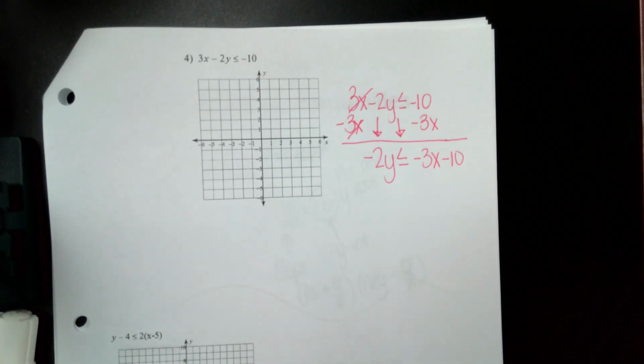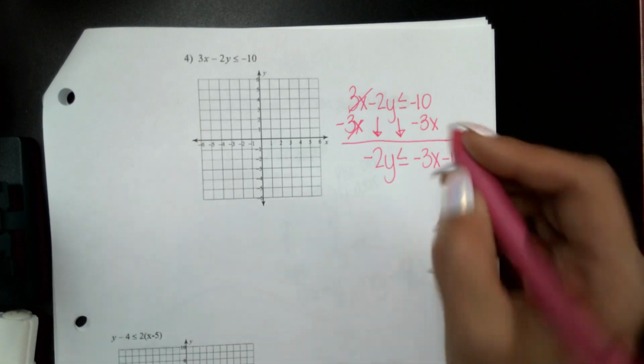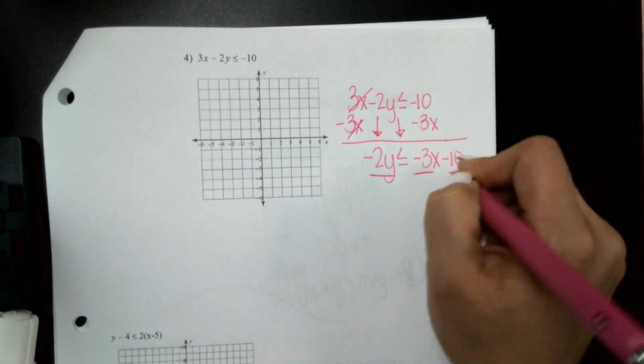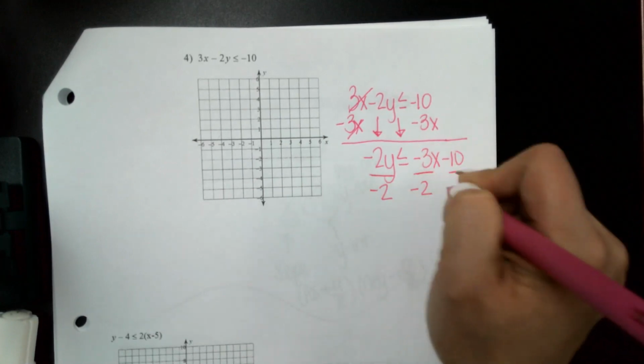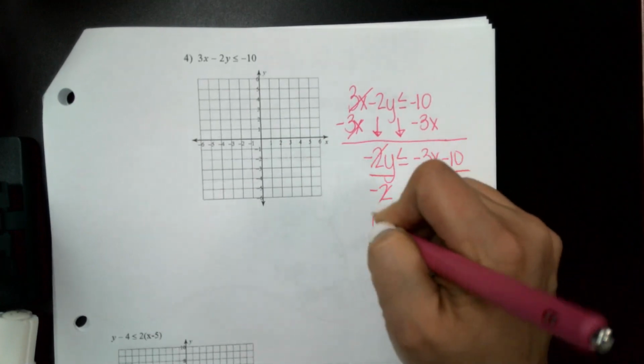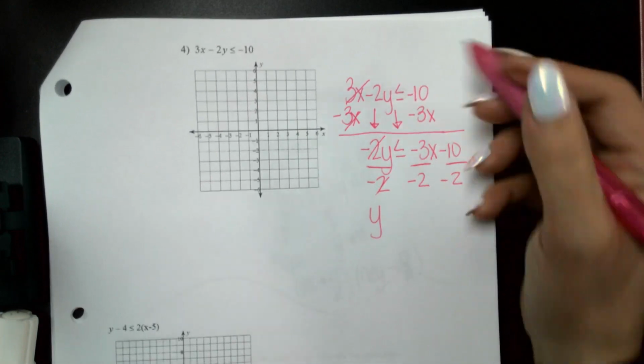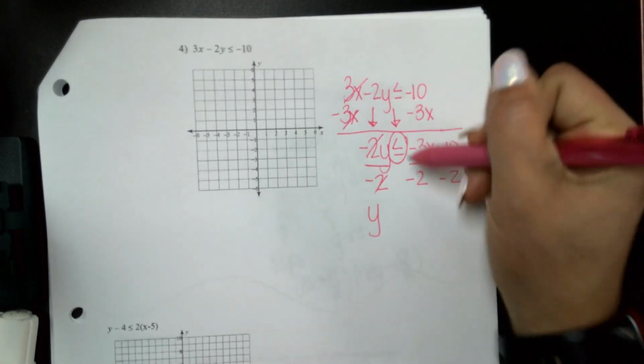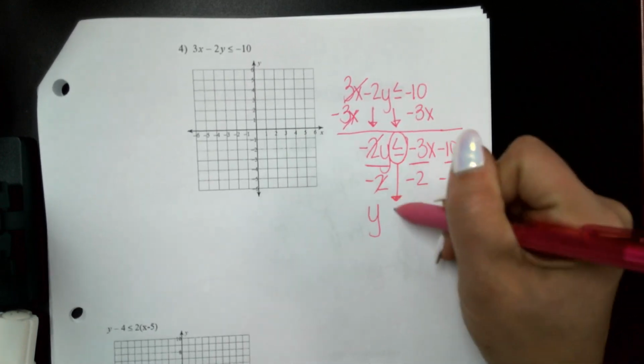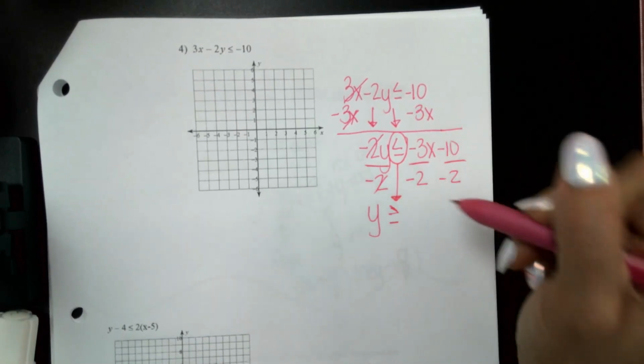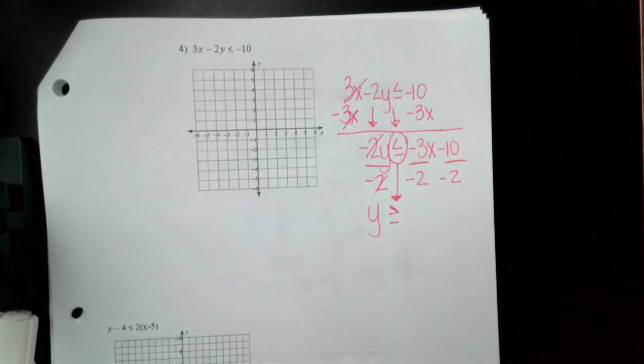Now, what's my second step? Divide by -2, okay? So do it, -2. And since we're dividing by a negative, what happens here? Flip it. And, I mean, obviously, don't forget to bring down the part of the equal sign with it.